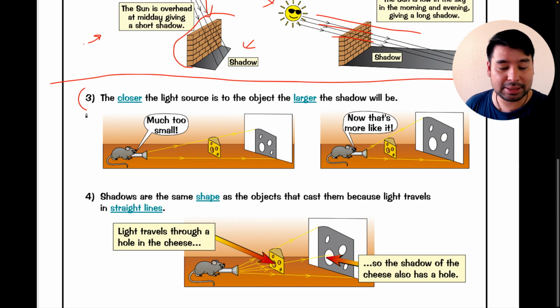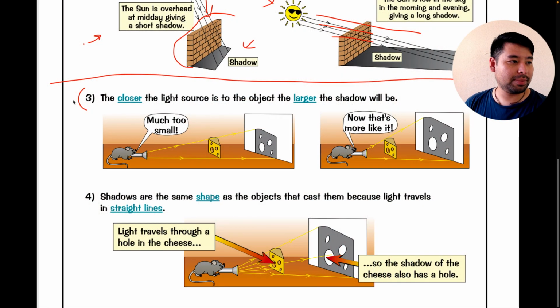So this is, again, really cool. This is really interesting. We have a light source, for example the sun, or maybe a lighter. The closer it is to the object that the shadow will be projected on, the larger the shadow is going to be, according to what we have read. So let's see this example, okay?